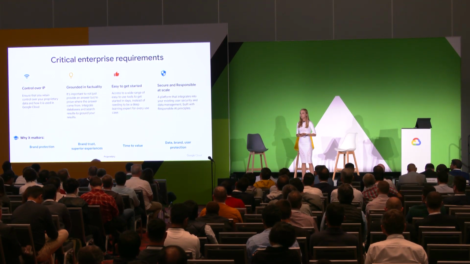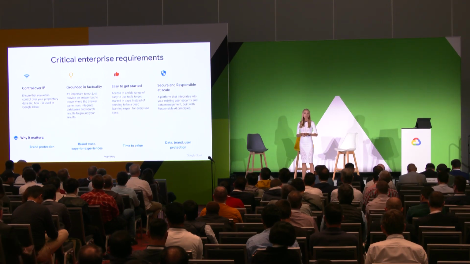This is not only about talking, I want to be responsible. This is really in operationalizing that and giving enterprises the real tooling to make it happen. And the last piece is data governance, safety, and security within the cloud that is guaranteed as with all our products on GCP.